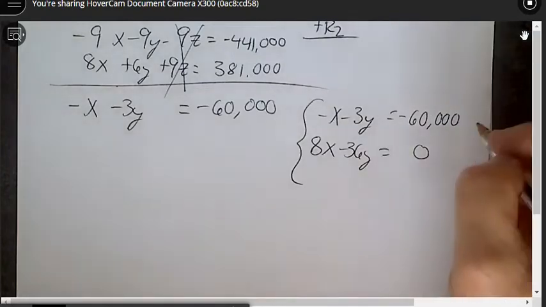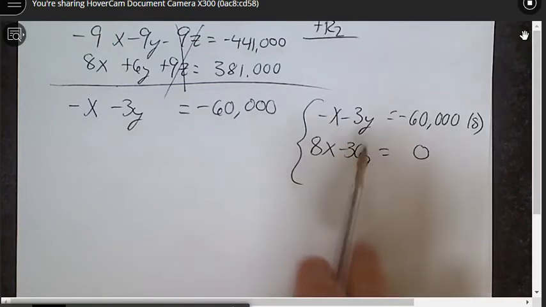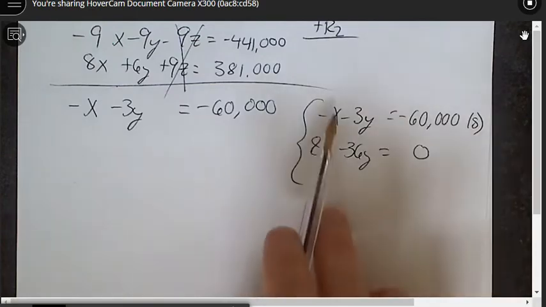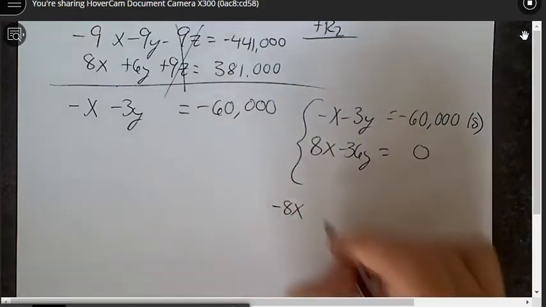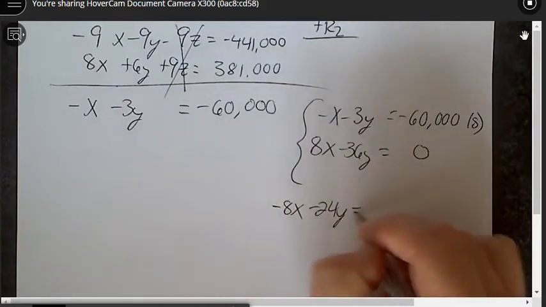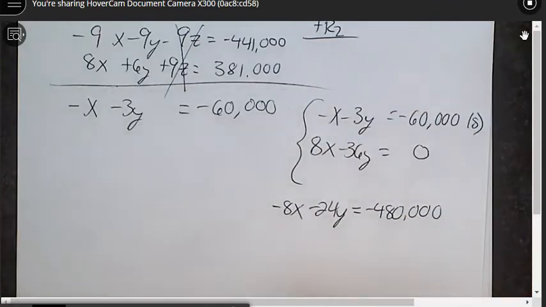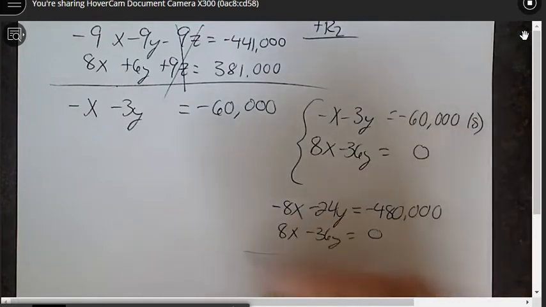Okay, so let's multiply the top row by 8, and that way we can eliminate. And again, I'm doing that one because I know we can multiply this one by 12, but if you multiply by negative 12, you got to make sure to change some signs. So for this one, I would say let's just multiply by 8. That way this one, we don't have to change any signs. We can leave it just like it is. That would be negative 8X minus 24Y equals negative 480,000. And the second equation there, we leave it just like it is.